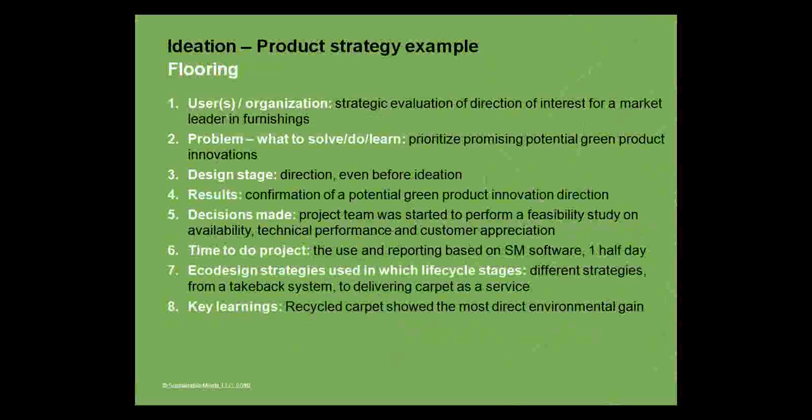And the problem they solved is that they wanted to know how they can prioritize promising potential green product innovations that they know work, and that they even set up a structure and infrastructure for it. The design stage they looked at was direction. It was even before ideation, and it confirmed the direction that they had to go to.